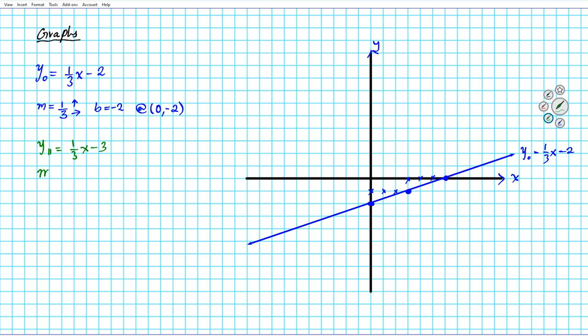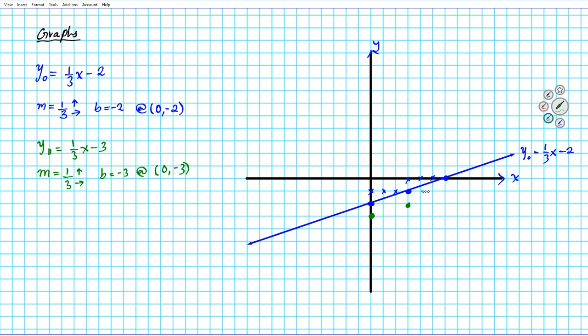All right, the slope here is 1/3. So we're going to do the same movements as the first one, rise 1, run 3. And then your y-intercept is -3, so we're starting at (0, -3). Okay, so let's graph it. So (0, -3) is right here. Rise 1, run 3, 1, 2, 3.